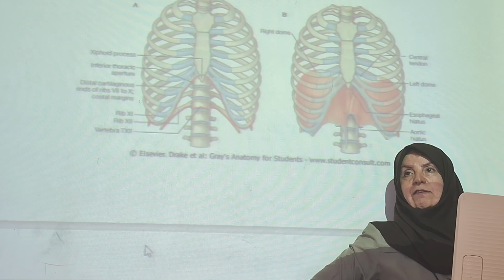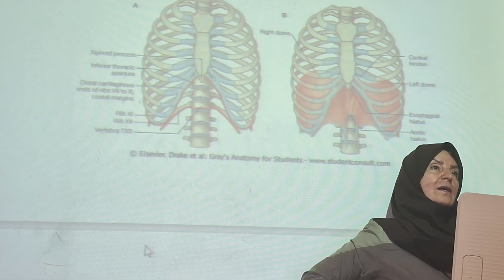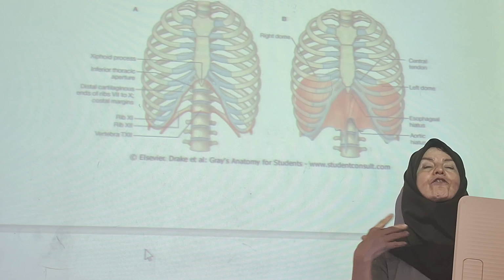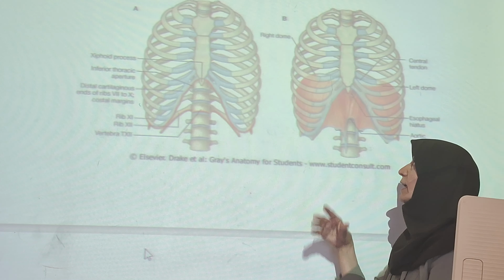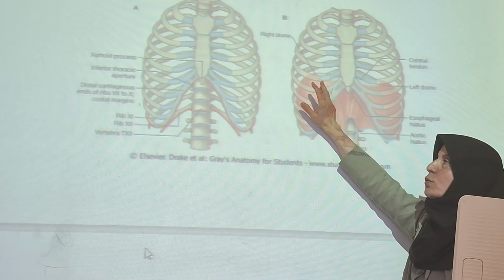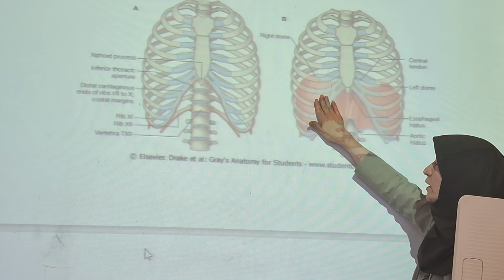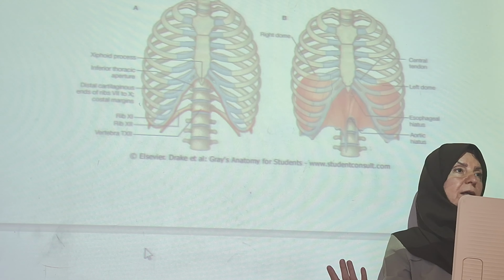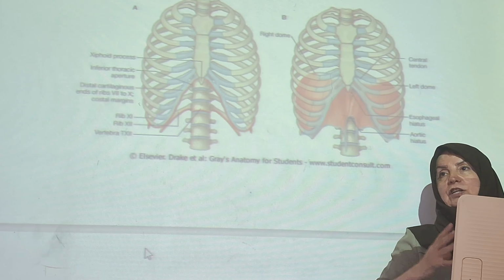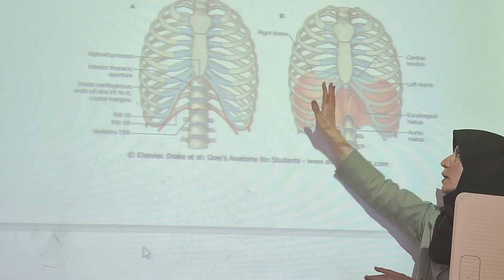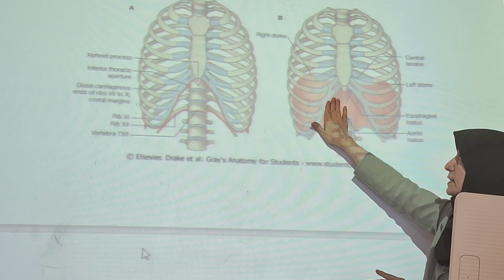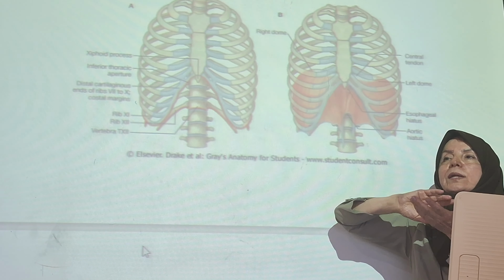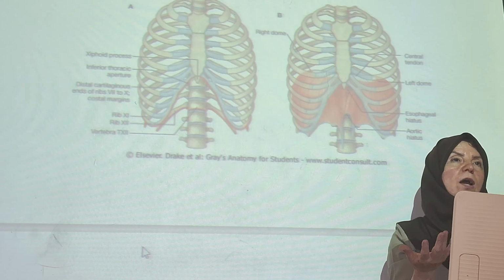Means the liver. Liver is the largest gland in our body. In adults, the liver is completely covered and protected by the inferior ribs. But when a patient has hepatomegaly, the liver gets larger, so some part of the liver is going to be found here, during injury, during the pathological time.